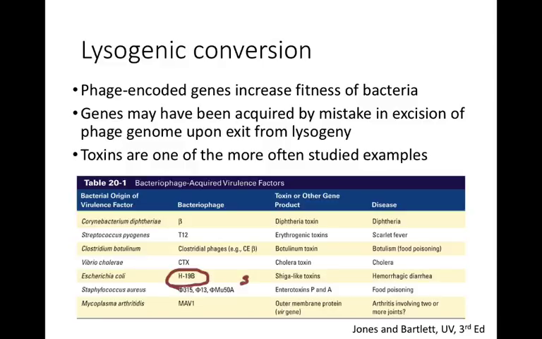It produces what's known as STX1 and 2, which are Shiga toxins. Vibrio cholerae has a bacteriophage known as CTX, which has in its genome the cholera toxin. And so what we bring up here is that bacteriophage can increase not only fitness of bacteria, but they also can increase the toxicity or the pathogenicity of some of these microorganisms. And this is some of the downside of bacteriophage.